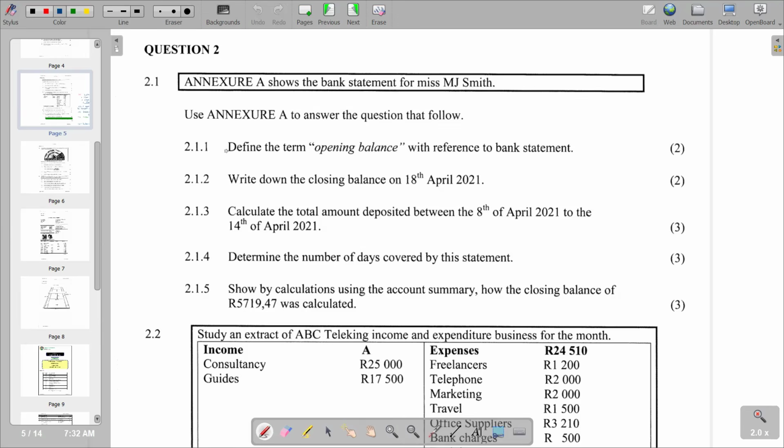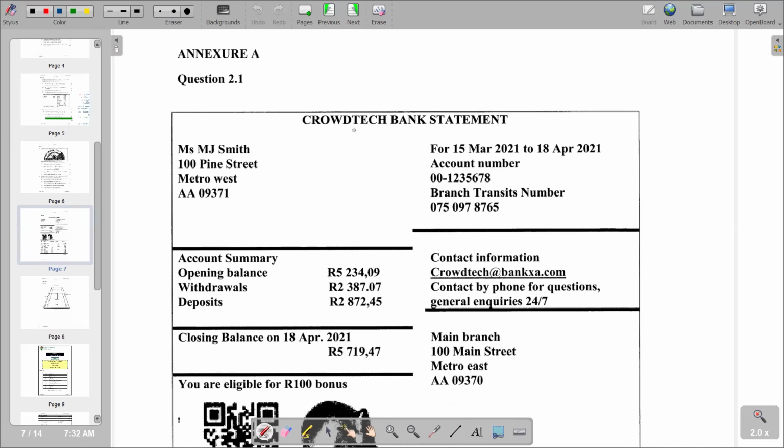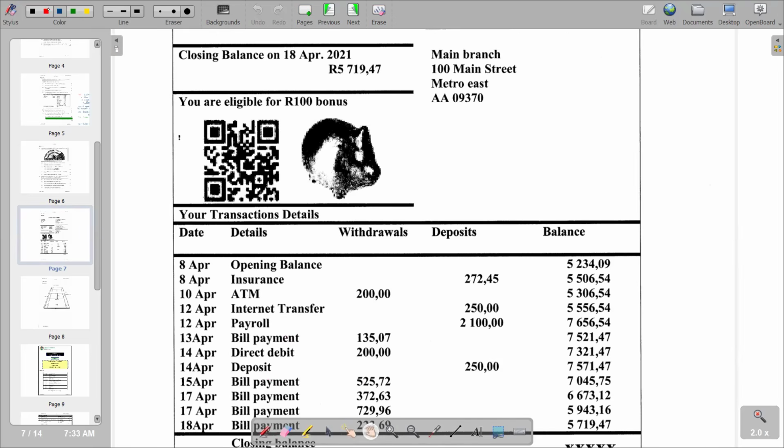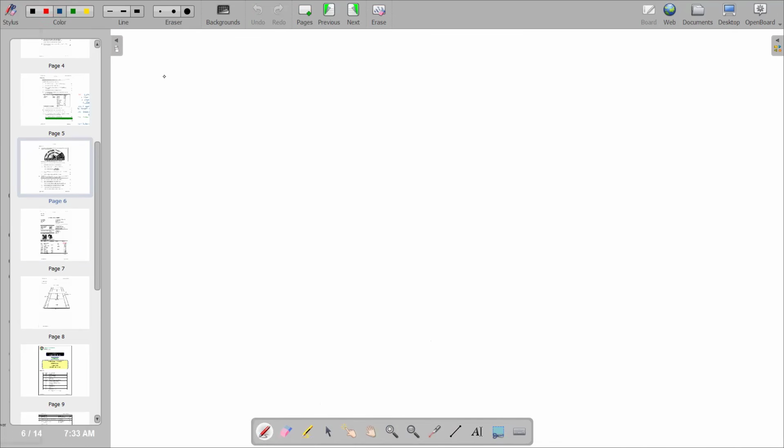The first question is 2.1.1: define the term opening balance with reference to the bank statement. Our Annexure A is here, and it represents the bank statement. The opening balance is here. The question is asking us to define it. The opening balance is the balance brought forward from the previous accounting period.